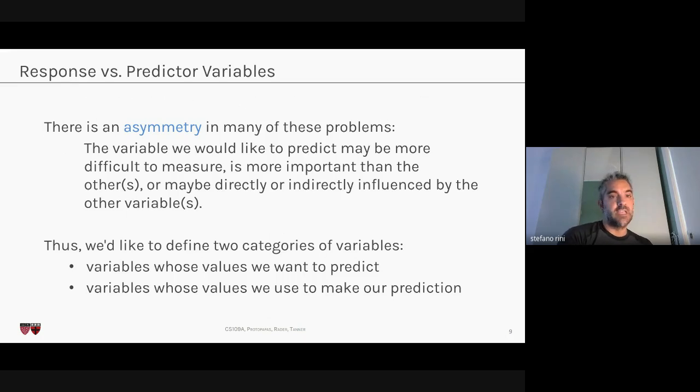So our response variable, what we want to predict, is the sales, and what we want to design is the budget. And this is because the following asymmetries exist. Some of the variables are easy to measure, are easy to control, and other variables are harder to measure and harder to control.